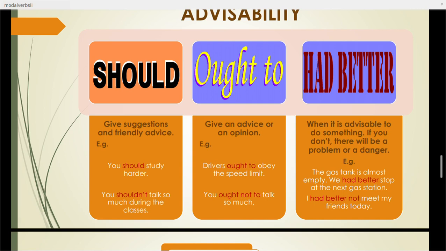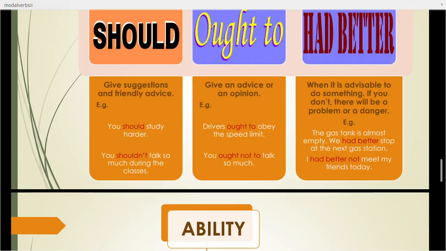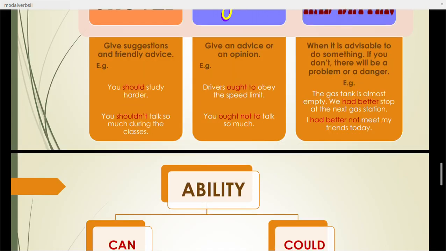Ought to, we use it to give advice or an opinion. And had better, we usually use when it is advisable to do something. Some examples for should are, you should study harder. Another example is, you shouldn't talk so much during the class.